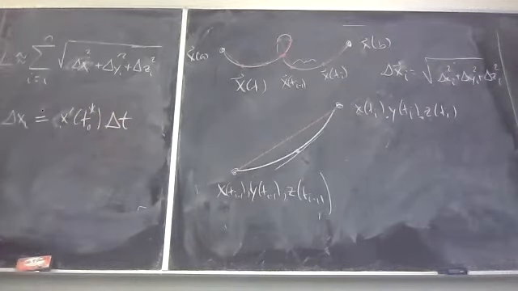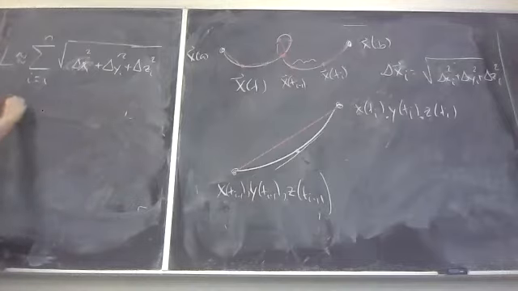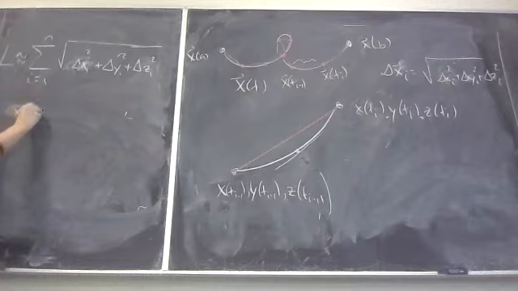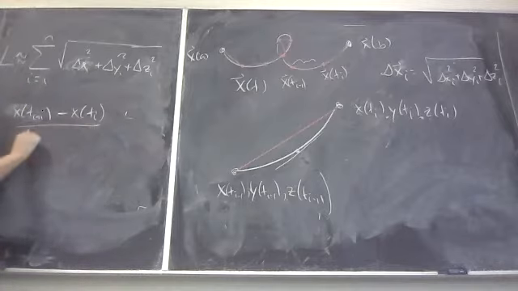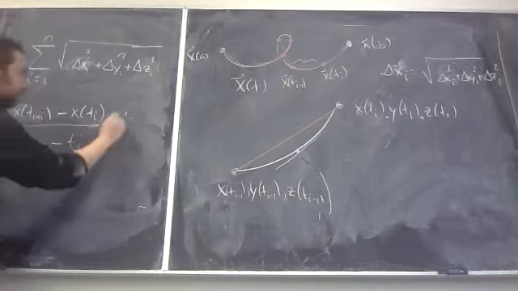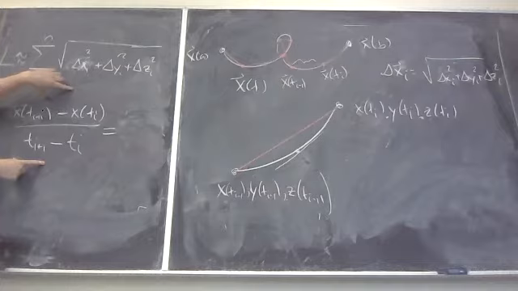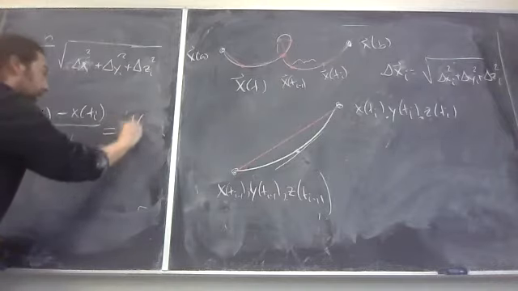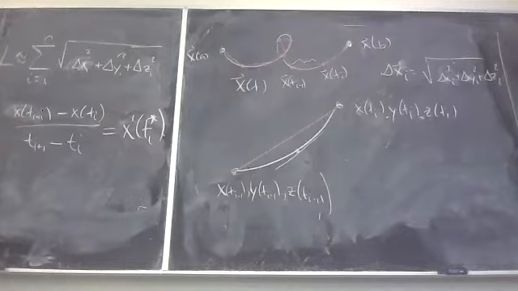I guess really what you're saying here is that x of t_{i+1} minus x of t_i, divided by t_{i+1} minus t_i, is equal to, the mean value theorem asserts that that slope between the endpoints is equal to x prime of t_i star for some t_i star that's contained inside the interval.